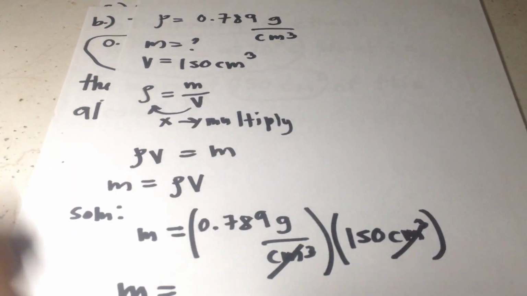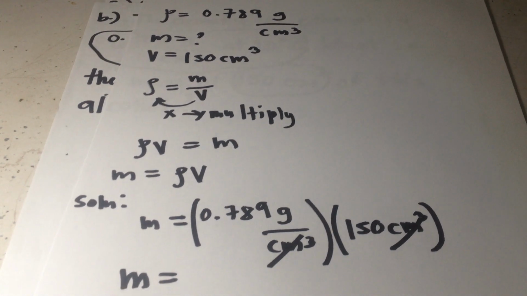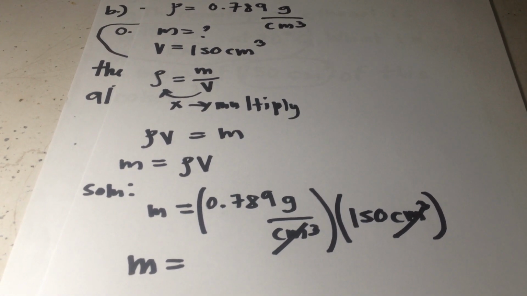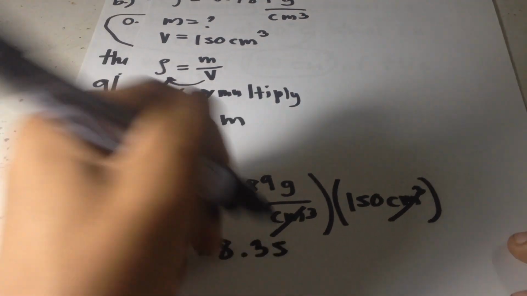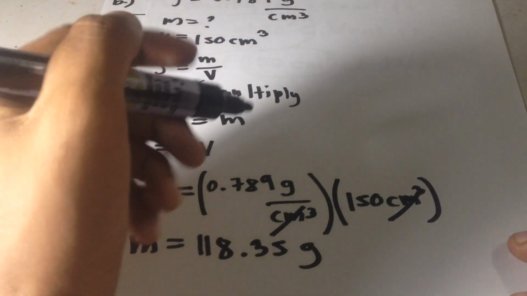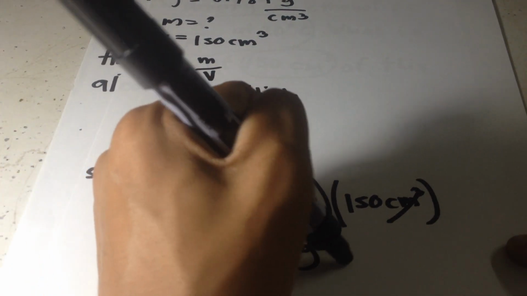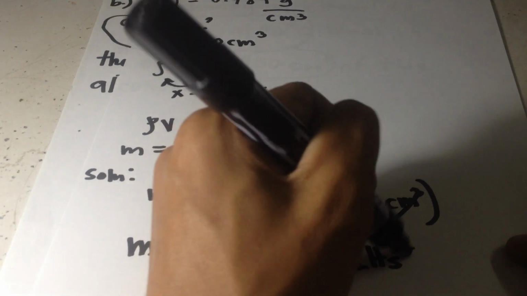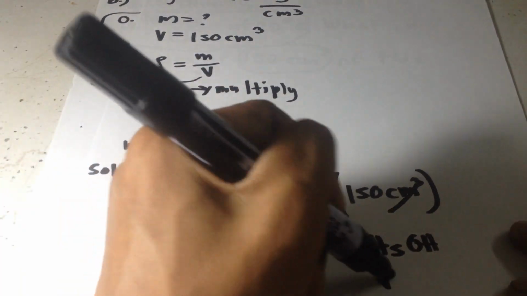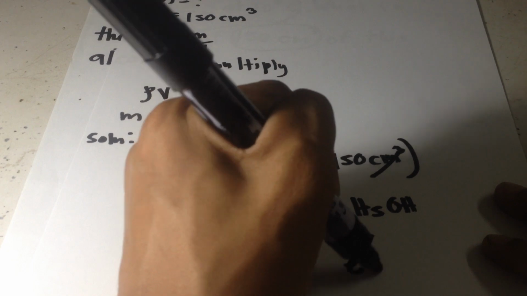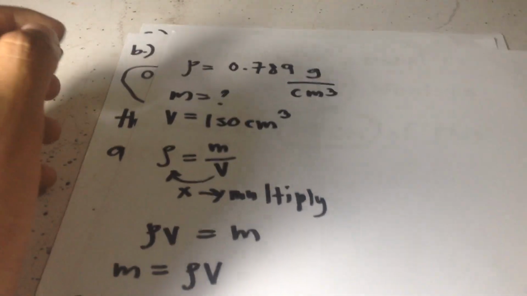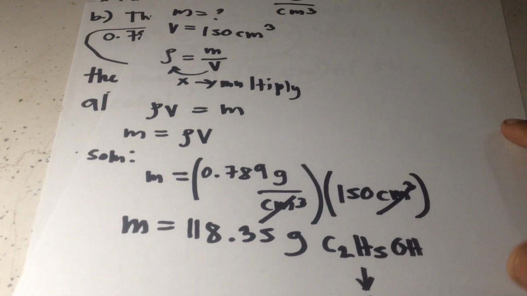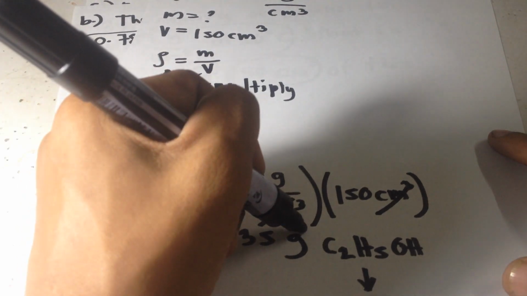So mass is equal to 0.789 times 150, so it's 118.35 grams of ethanol, C2H5OH. This is ethanol. Okay, you understand? This is the final answer.